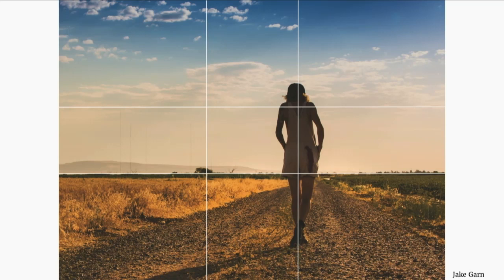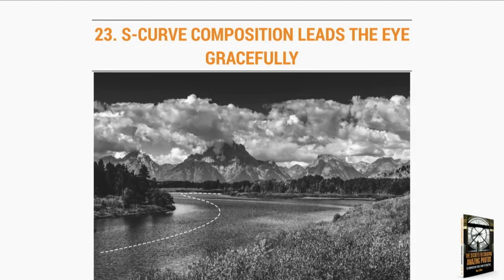Okay, here's another one from William Palouse. He talks about the S composition. And that means just what it says. It's a compositional technique if you find it, and you don't find it every single day. But you could go to Central Park and follow the river. You'll find it there. This happens to be in Wyoming at the Grand Teton National Park, and that's the Snake River.